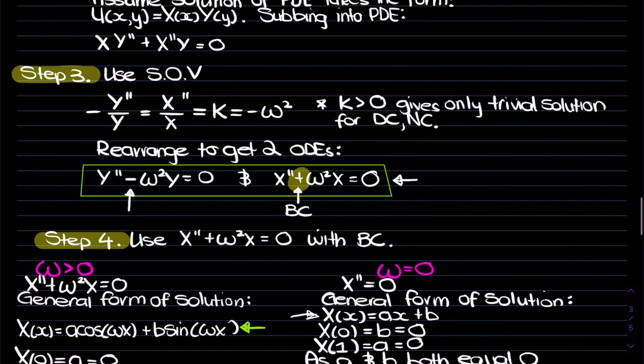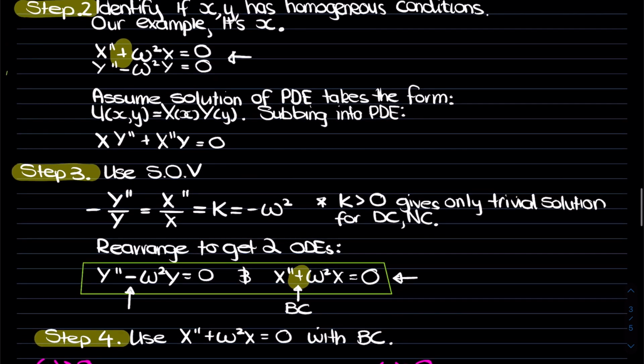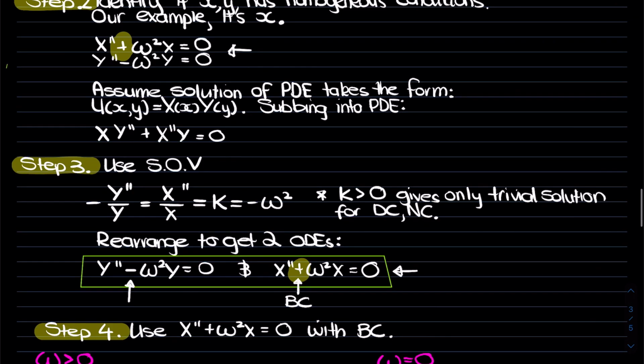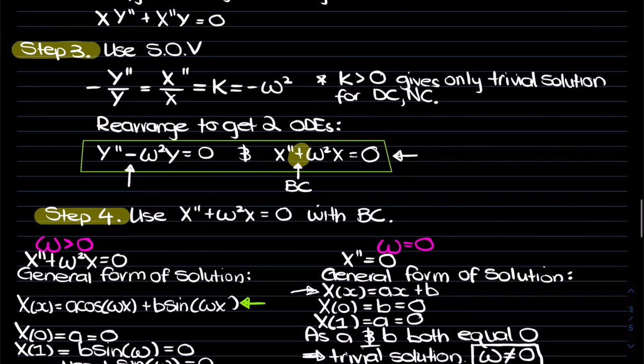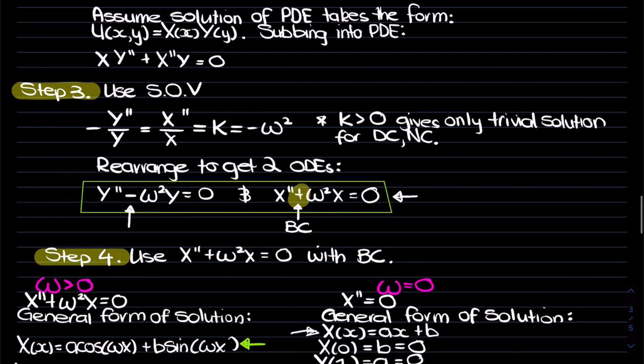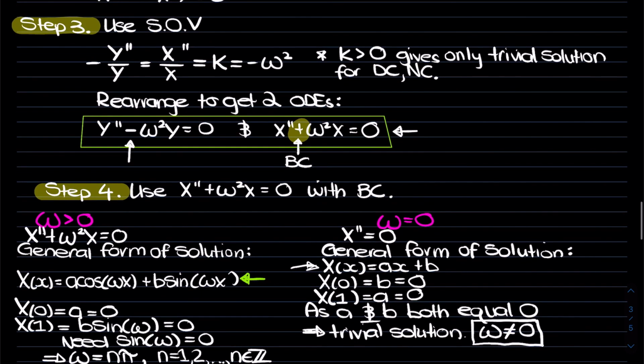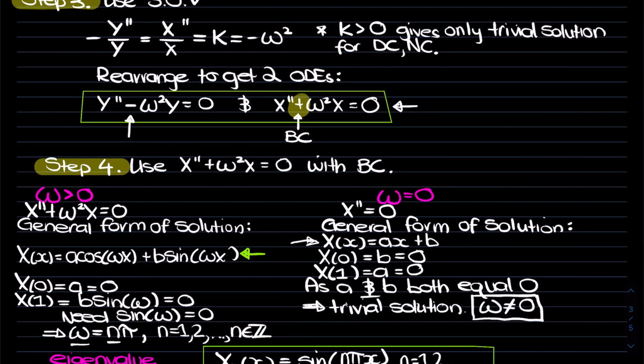Then we assumed that we could write the solution in the form of u equals x times y. Then we use separation of variables. We put all the y on one side and all the x on one side. The negative sign goes with the variable that has the inhomogeneous condition. And we were able to set this equal to a constant, which we called negative lambda squared.